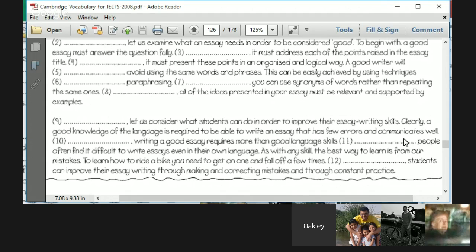The result is people often find it difficult because it requires more than just language skills. I could put because in the beginning. Because writing a good essay requires more than good language skills, people often find it difficult to write essays even in their own language.